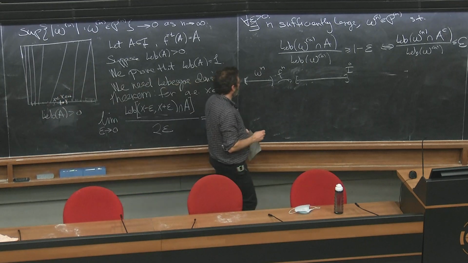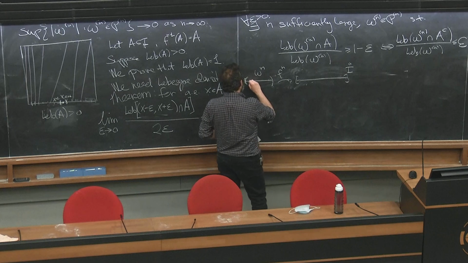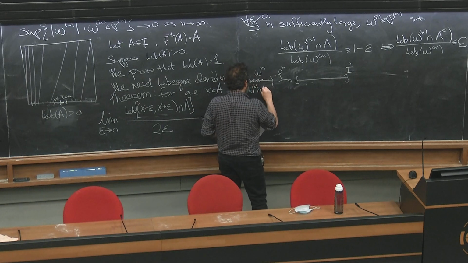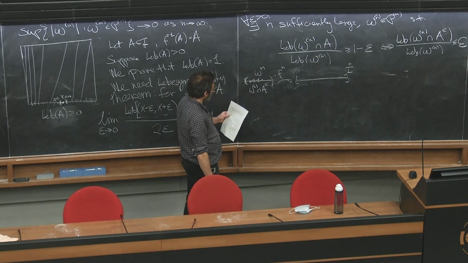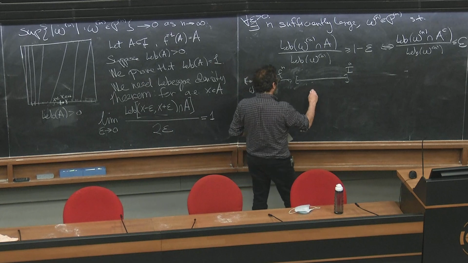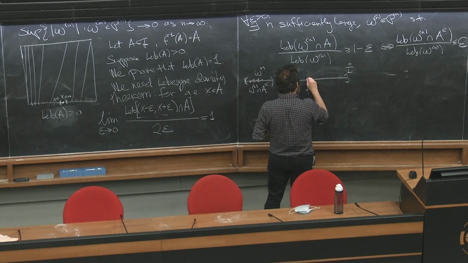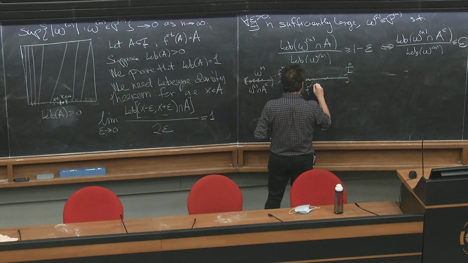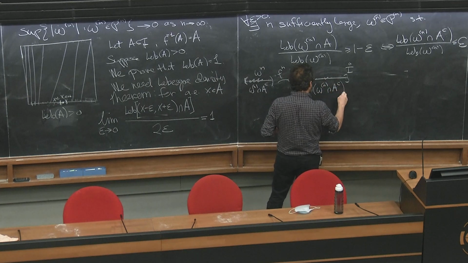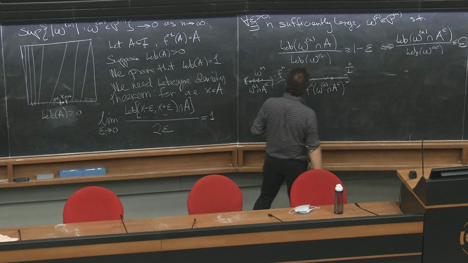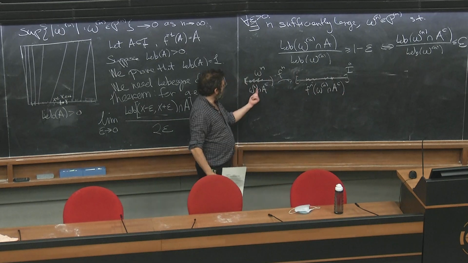So that means that inside here we have omega n intersection A complement, right? And so here we have, somewhere inside here, the image of omega n intersection A complement. Just the image of this subset.